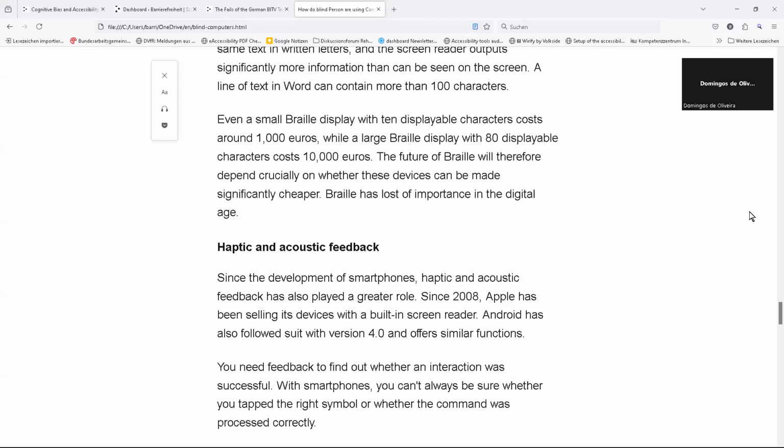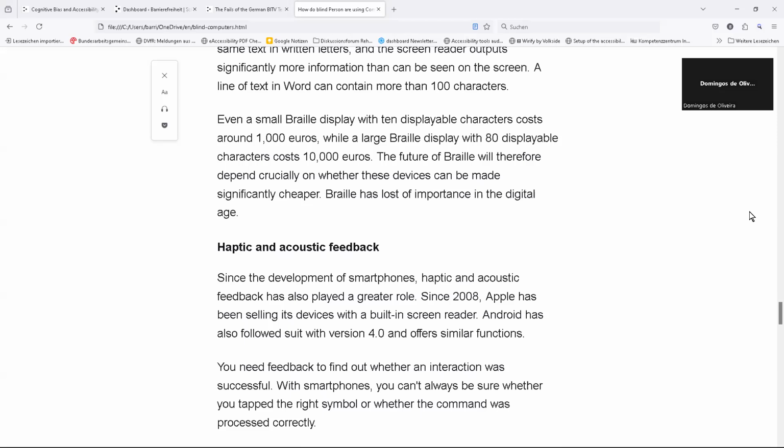On the smartphone or tablet, a blind person can use the screen reader with touch. That means the person is touching a point on the screen, and at first the screen reader will read out what it can recognize at the touch point, and then you can double tap it when it is clickable, and the screen reader will then interact with the element.